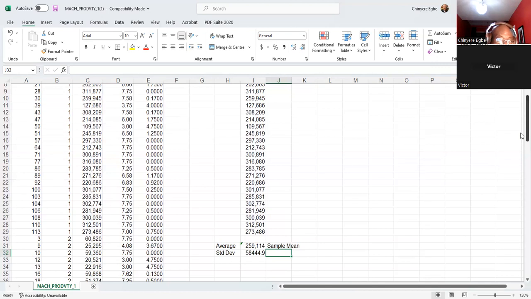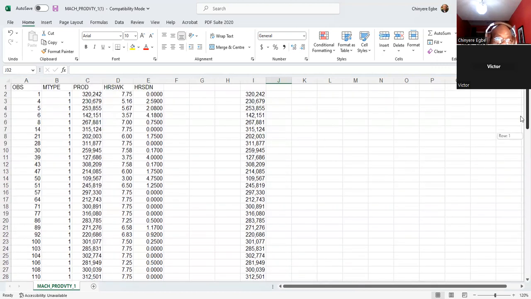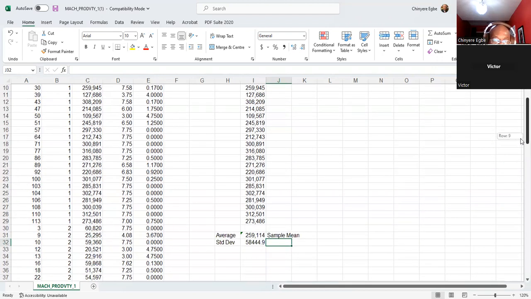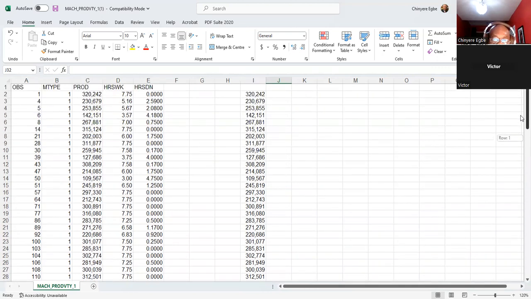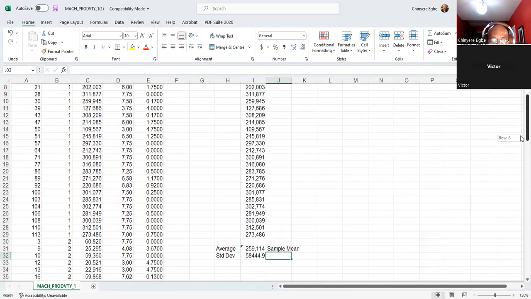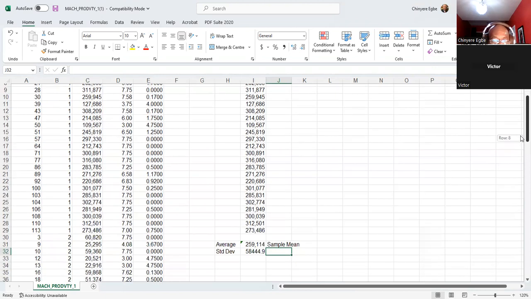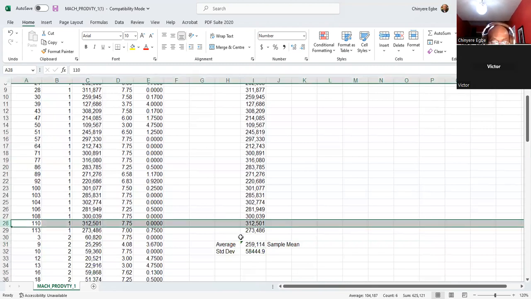Okay. All right. My standard deviation, I got the same, but for the average, I got 259, 627. Well, I got 259, 114. Yeah, I'll recheck mine. You know, maybe I didn't copy everything. Okay, I didn't take everything.